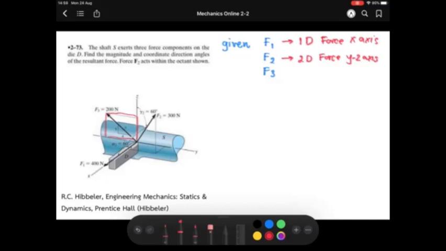How about the third force? Yes, it is a three-dimensional force, but the question is which system they give you. Let's pause this video a while to think about the solution, and then we will come back with the solution.